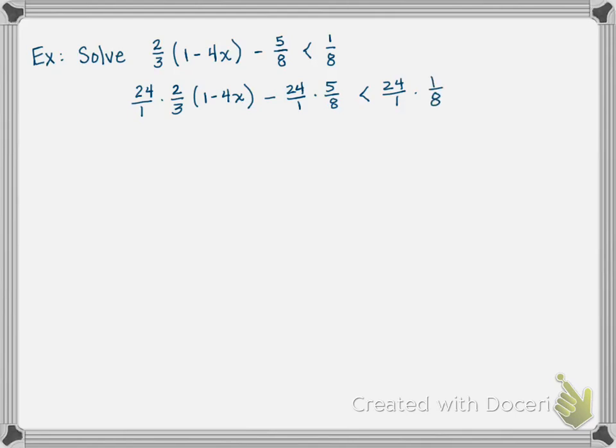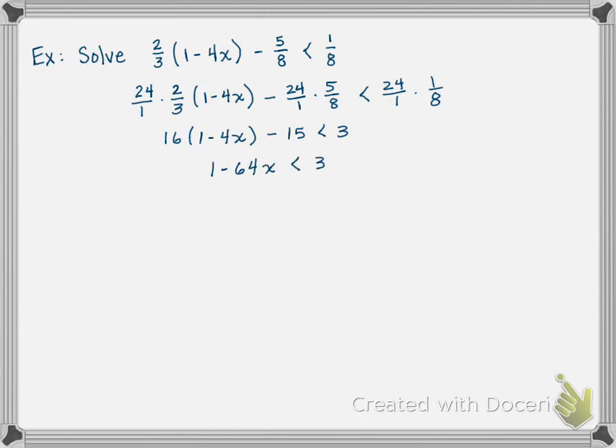And remember that the 2/3 times 1 minus 4x, that's all one term. And so we multiply by 24 just once, right? So we'll multiply 24 by 2/3, which gives us 16. And then the 1 minus 4x just stays the same. And then we'll distribute that 16 and combine like terms, which should give us 1 minus 64x.